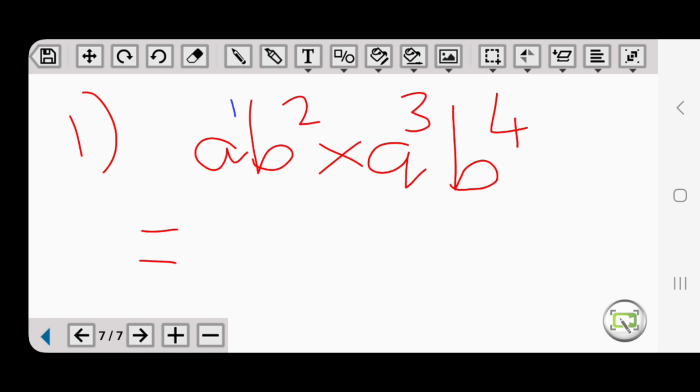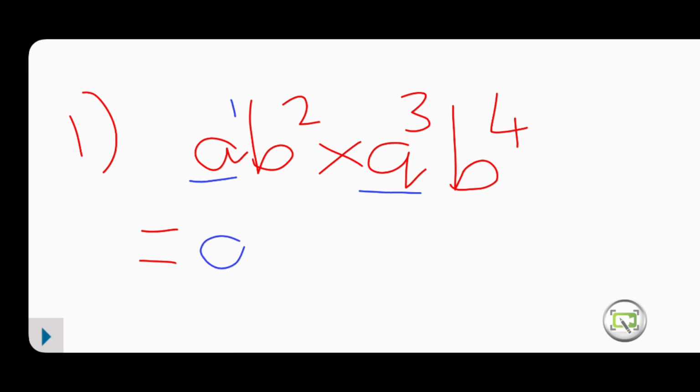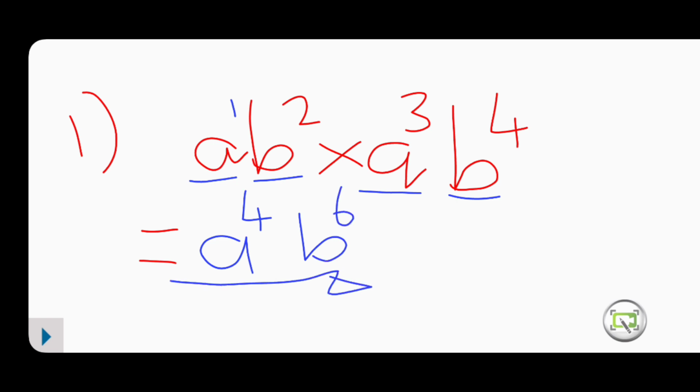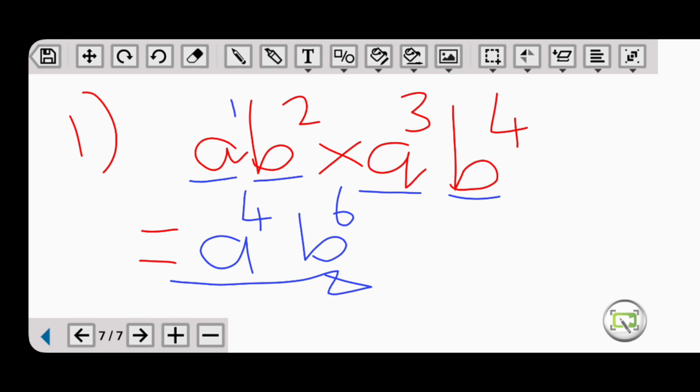Then we look at all of the same variables. So let's look at all of the a's. We are busy multiplying, and if there's nothing in between the a's and the b's, we are multiplying them. Let's write down the a. We have a 1 exponent and a 3. 1 plus 3, because when you multiply, you add the exponents, is 4. Looking at the b's now, we have 2 plus 4, which is 6. And there's our first answer.